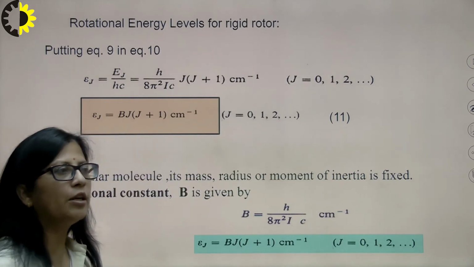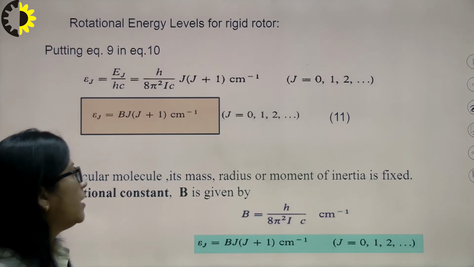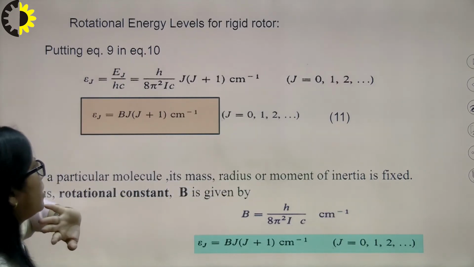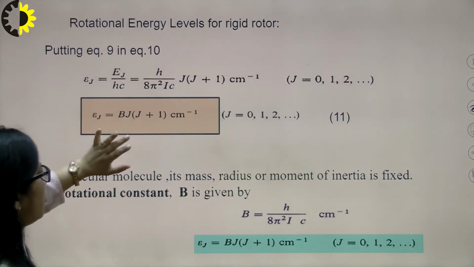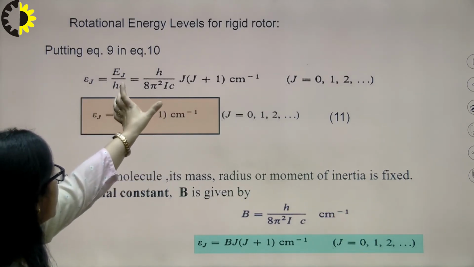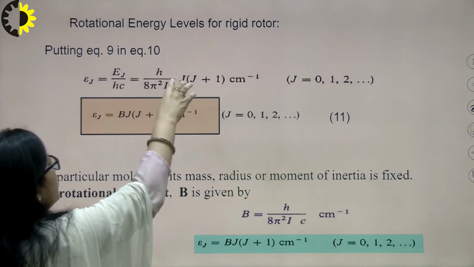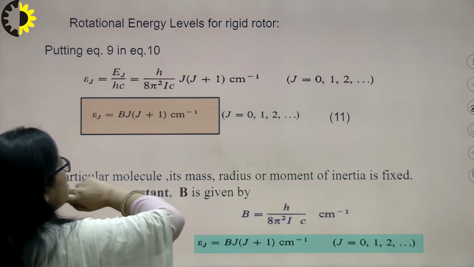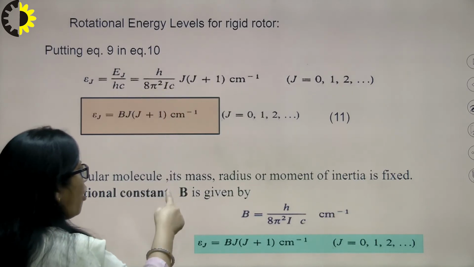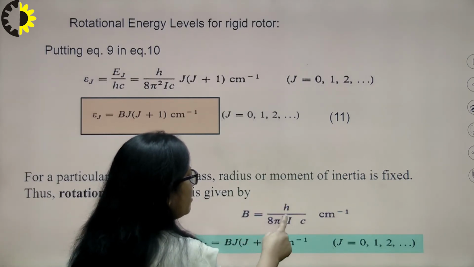The value which we have calculated of wave number, we put it in the calculation of Ej. Again, the value of j can be 0, 1, and so on; j is the rotational quantum number. Now, in this equation, h upon 8 pi square Ic is generally a constant for a specific molecule, and this has been given the symbol B. B is the rotational constant, where B is equal to h upon 8 pi square Ic.